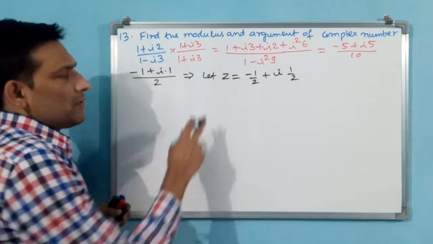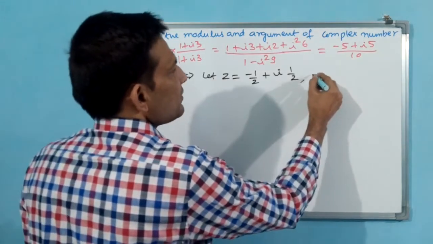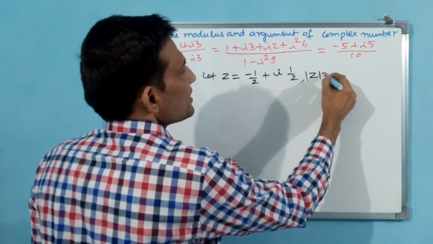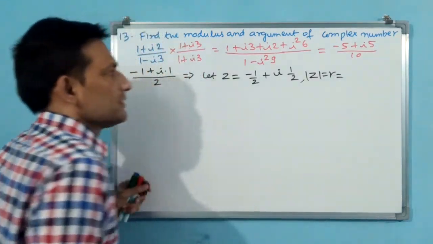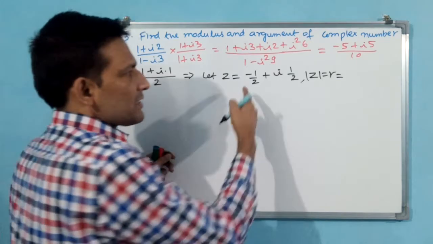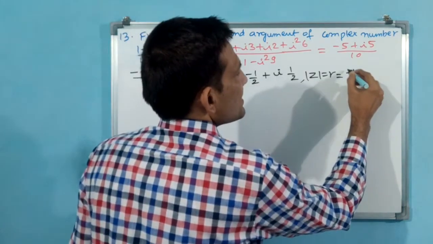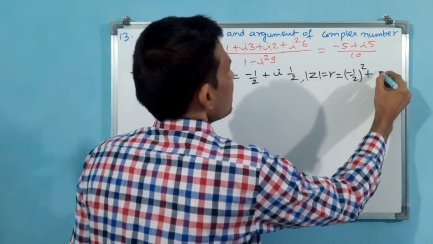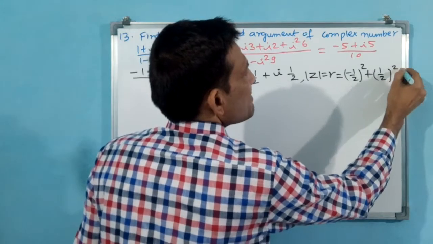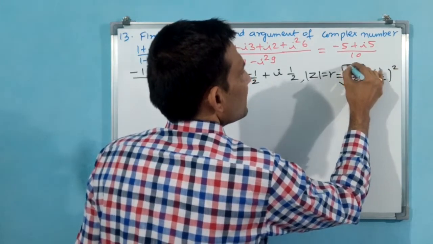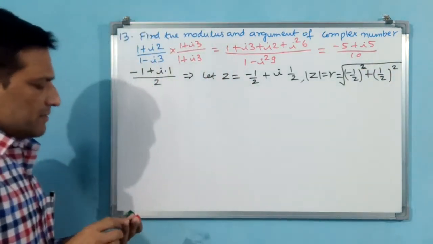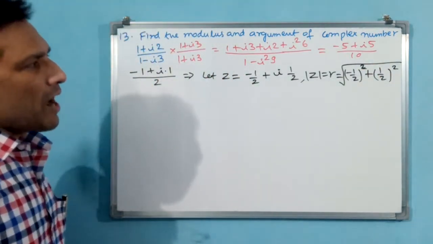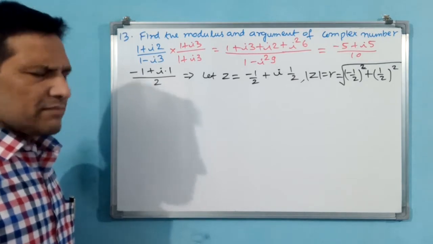Now if this is the z, modulus z you can easily find. Modulus z is equal to r, also called the radius. r is equal to the square root of minus 1 by 2 squared plus 1 by 2 squared.